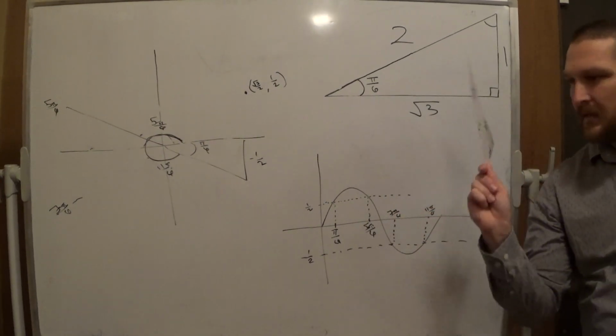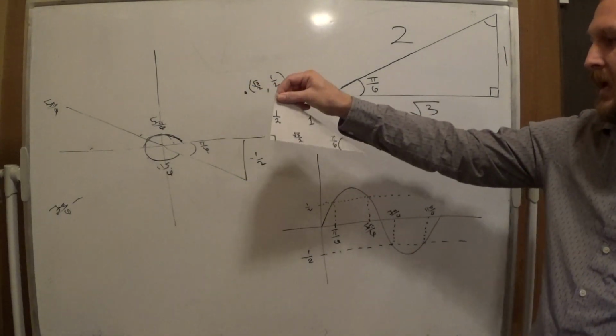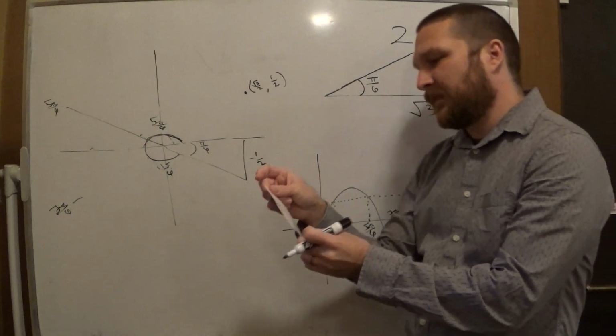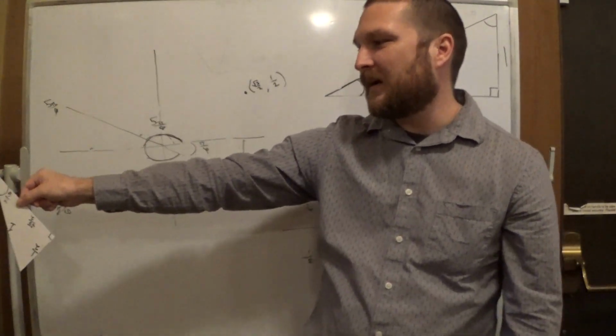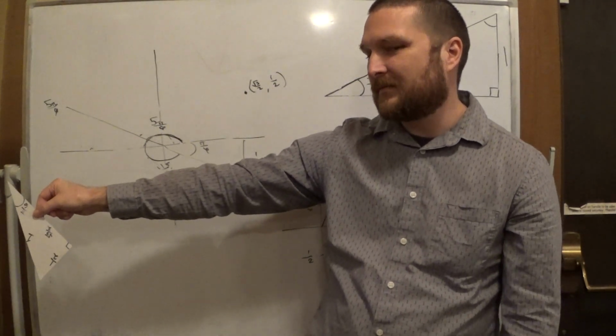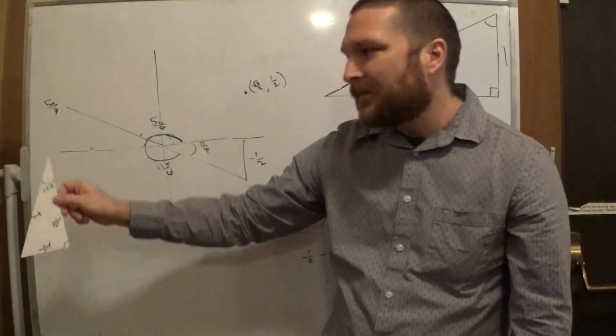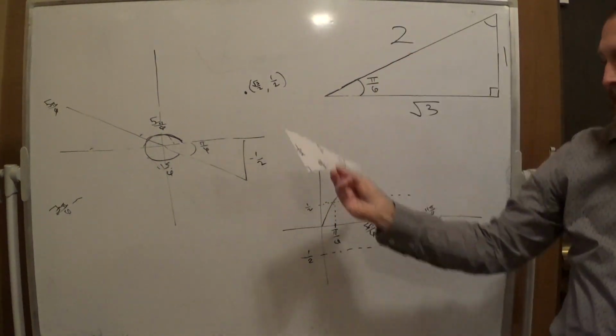So I like this as a visual to see why this is the case. And like I said at the beginning, if I oriented it like this and asked what's sine of pi over 6, you'd say it's 1/2. So this is what I mean: it doesn't matter which way you orient it.